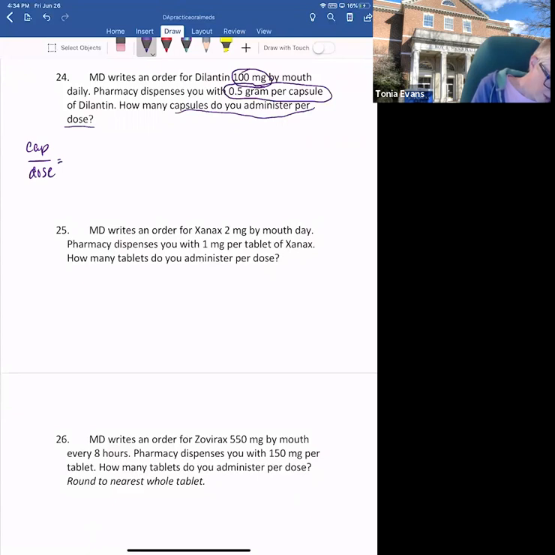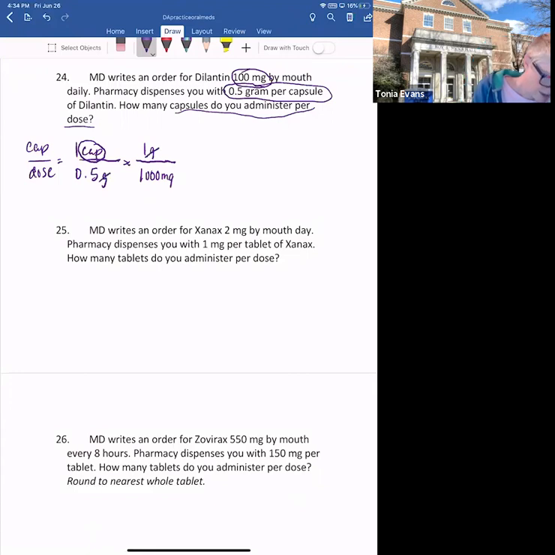I'm going to start with caps, and what do I know? I know that in 1 capsule, we've got 0.5 grams. And what do I know about grams? Well, my dose is in milligrams, so I'm going to have to convert. I know that 1 gram is 1,000 milligrams. And I know I'm converting from grams to milligrams because my order is written in milligrams.